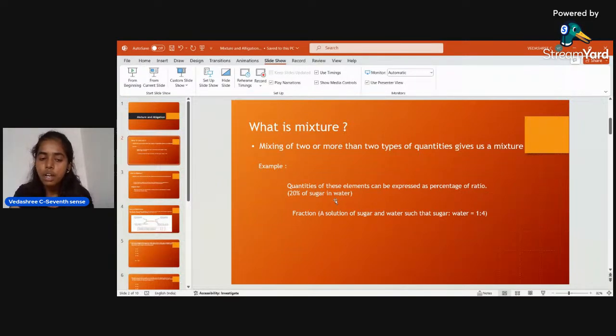The second one is a fraction: a solution of sugar and water where we calculate the ratio, sugar is to water, that is 1 is to 4.